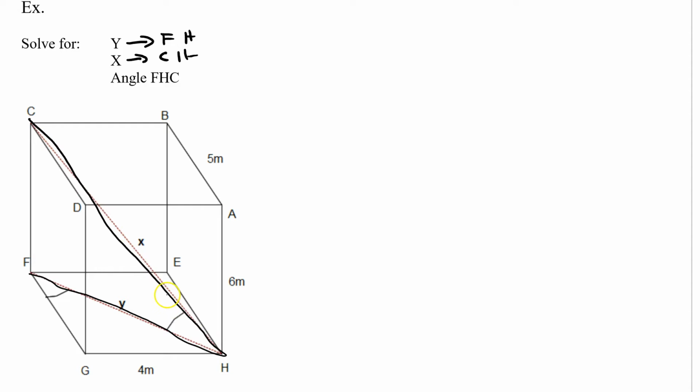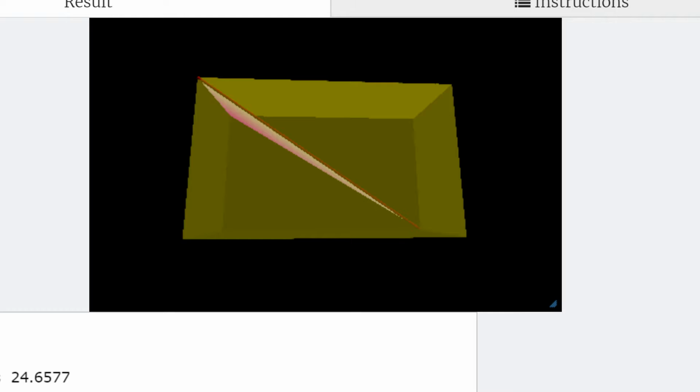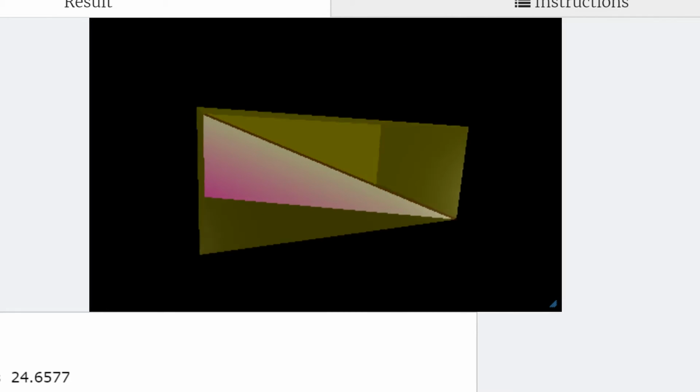FHC. That's the angle that's created in the three-dimensional shape of the rectangular prism. It's the angle that goes from the bottom right to the top left.